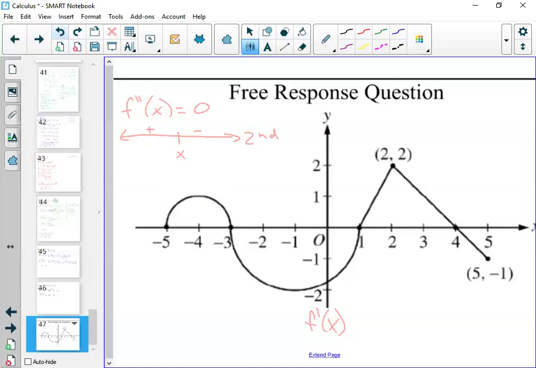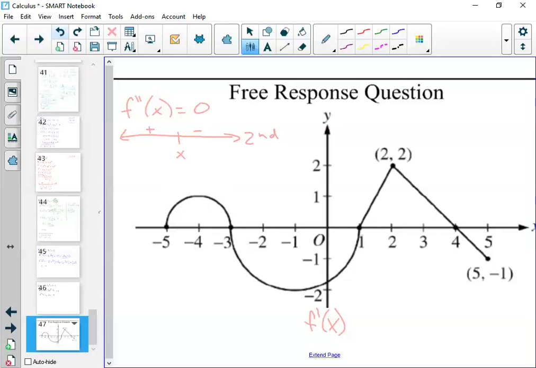So another way to say when f is concave up is to say when the slope of f prime is positive, or when f prime is increasing. Those are all ways to say the same thing.